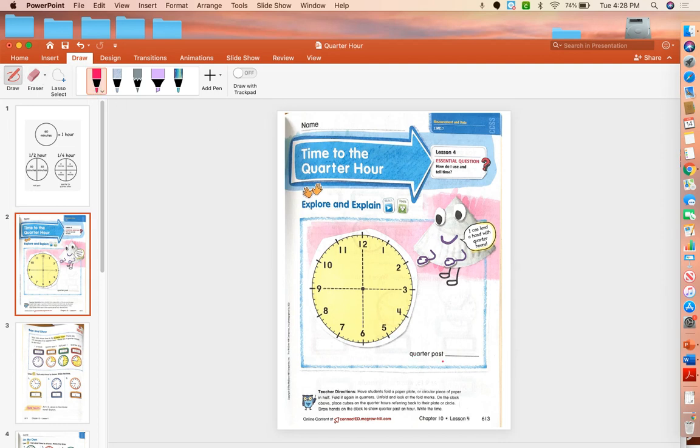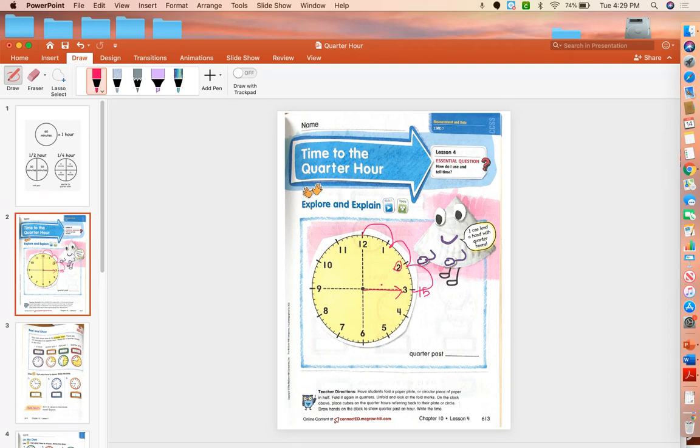Let's do quarter past. It asks us to do quarter past 2. So if it's quarter past, the minute hand has to be on the 3. Remember, that is 15 because we counted by 5s: 5, 10, 15. And the hour hand has to be quarter past the 2.